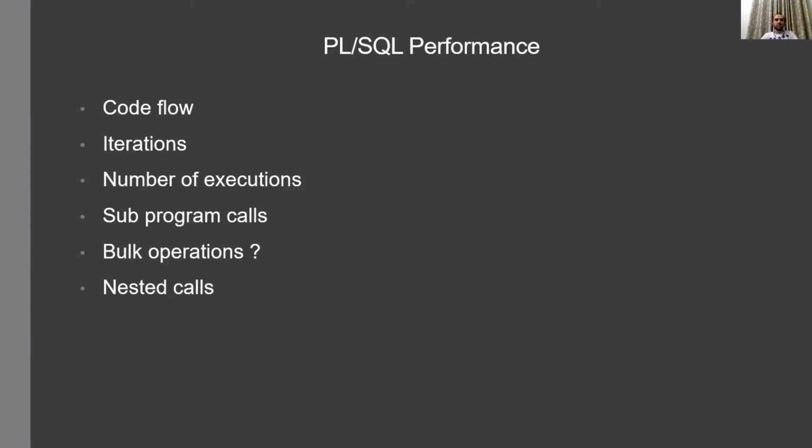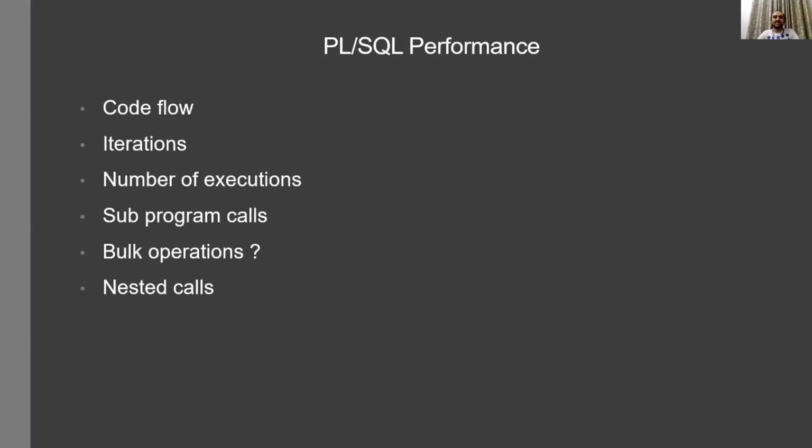Once you know the code flow, you try to understand whether there are any iterations. Is it looping? Is it using the right kind of bulk collect options? Then you see how many times it is executing. Is it executing once in a loop, or is it committing in the right way? You are always encouraged to use bulk operations, use FORALL, wherever possible.